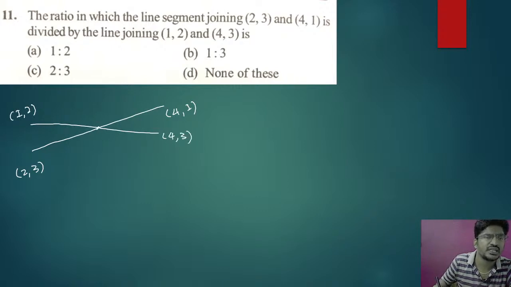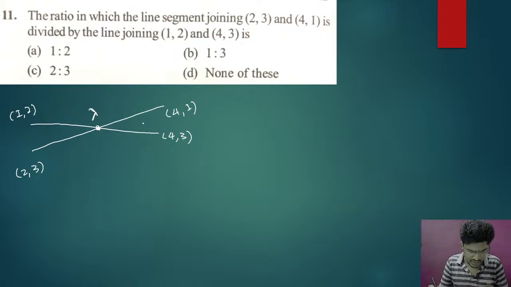So this is the intersection point. Let us take it as lambda. The ratio in which these two lines are intersecting is what they are asking. That means you have to find the ratio in which this lambda is dividing this particular line.